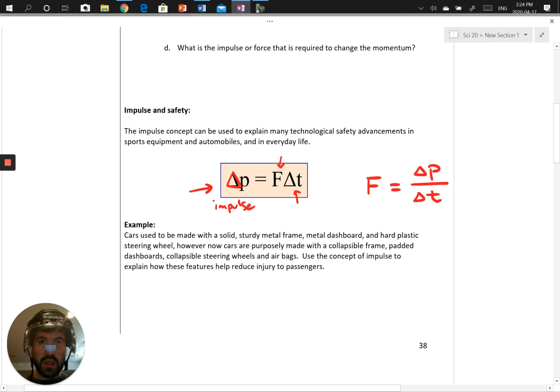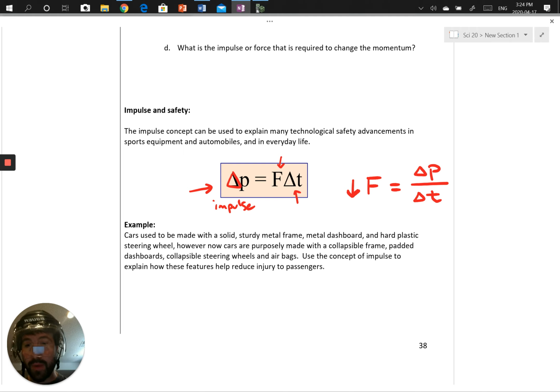Now, the idea here, when we're talking about safety, is that in order to reduce the amount of force, we have to try and manipulate something on the other side of that formula. The force that my head is going to feel as impact when it hits something is related to my change in momentum.